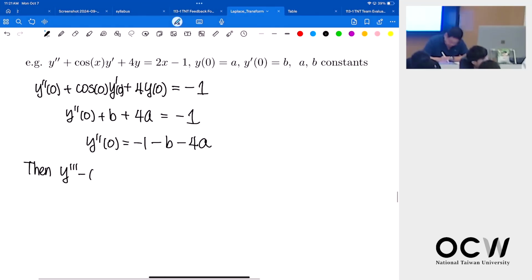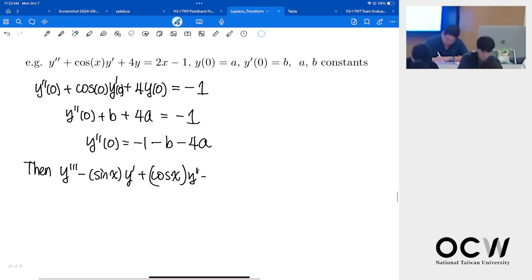Minus sine x y prime plus cosine x y double prime, and plus 4y prime equals 2.